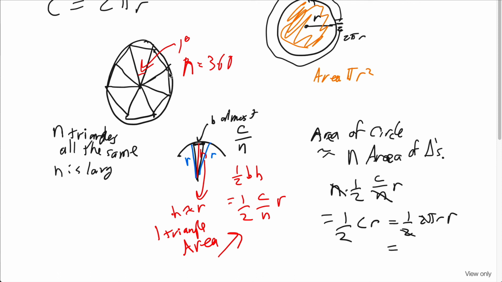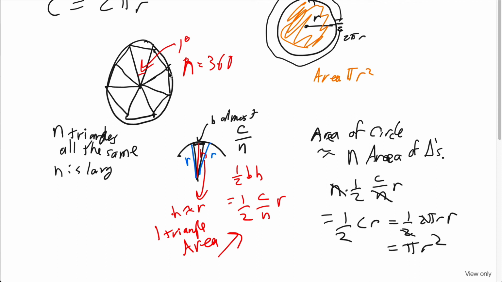The 2's cancel, and we're left with pi r squared. I haven't established where this pi comes from or what that is. I haven't established that the circumference is 2 pi r at all. But if you just take that as a fact, then the area follows pretty much from this argument.